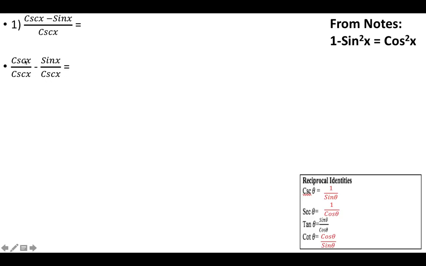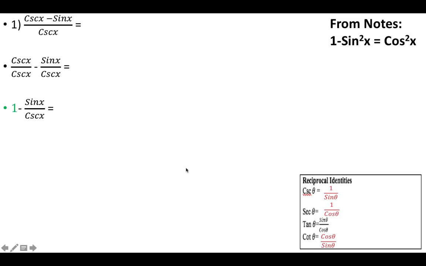Alright, cosecant x divided by cosecant x is equivalent to 1. And then minus, we have sine x over cosecant x. After we split the fraction, take this cosecant x in the bottom. Now you want to make sure this is in sines and cosines.